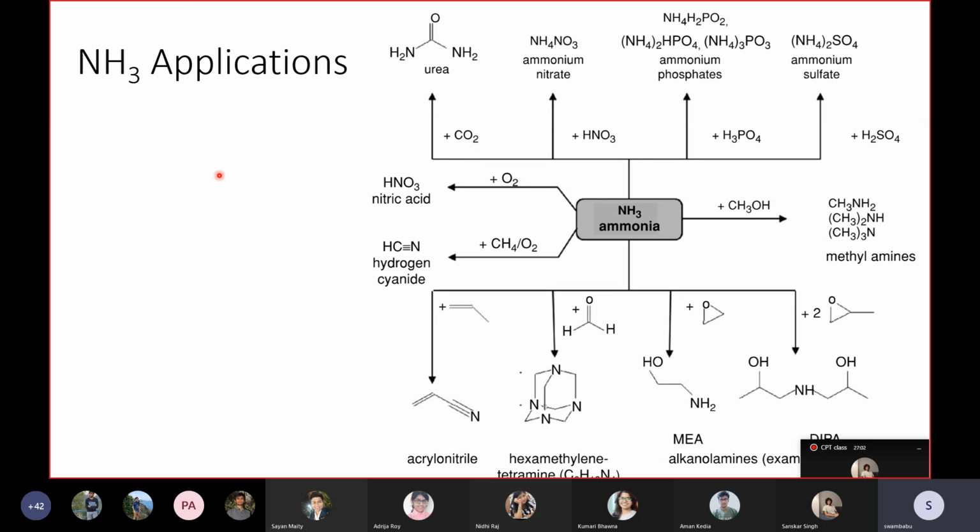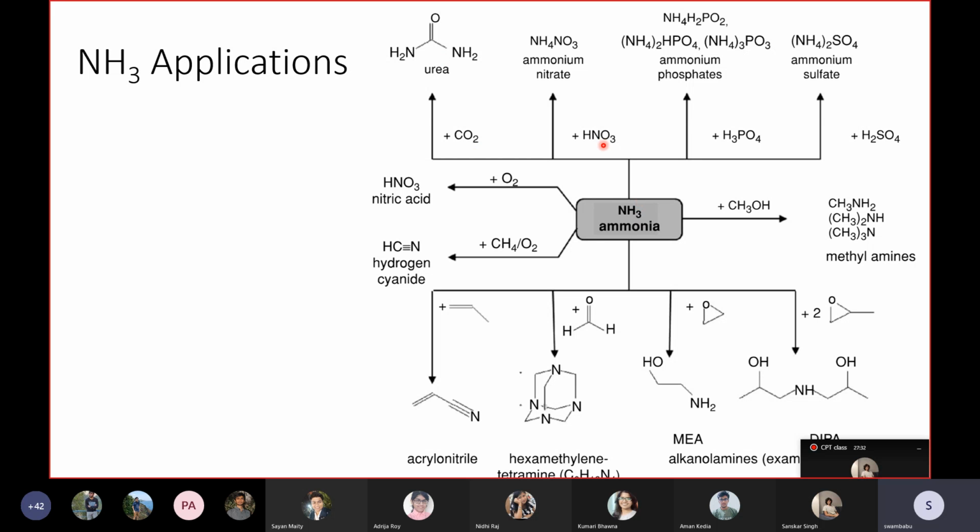Ammonia is the important reactant in producing DAP or urea fertilizer. As you can see here, when ammonia reacts with CO2, it produces urea.